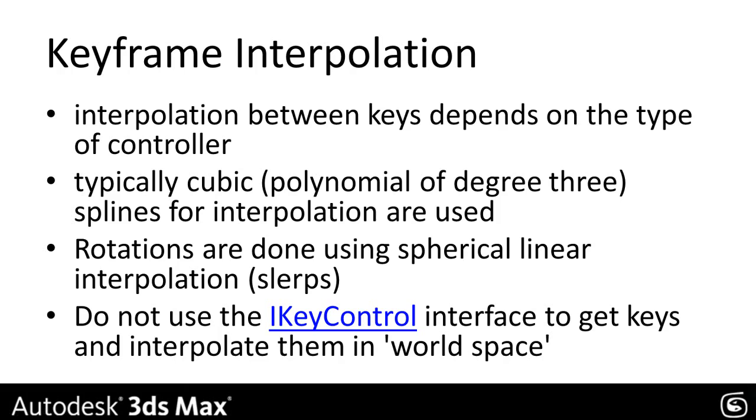Another way to look at it is that if keys are put into world space and then interpolated in world space, the resulting animation is going to be different than what you would typically expect to see. For example, consider an object that is rotating 360 degrees around its local z-axis. The key here is its local z-axis. And it's also tilted at some arbitrary angle.